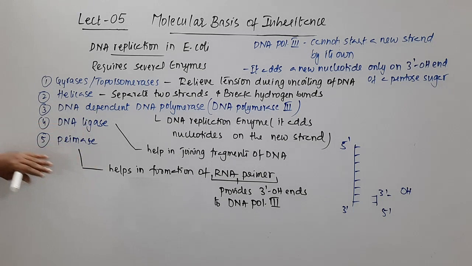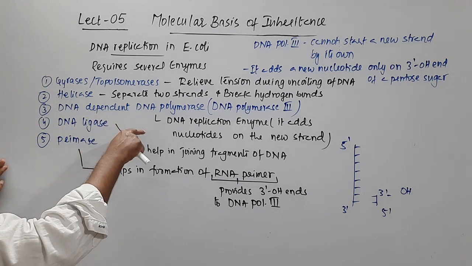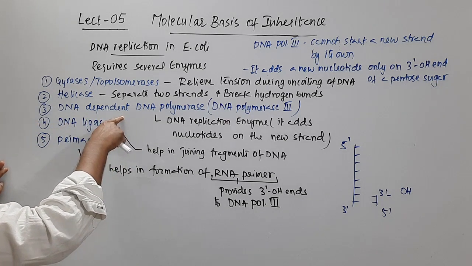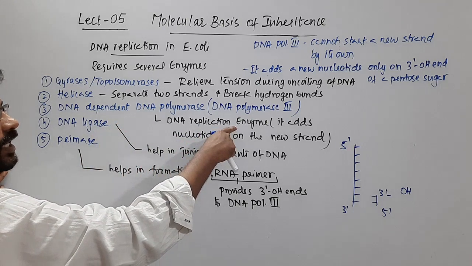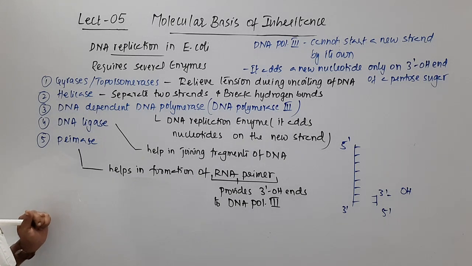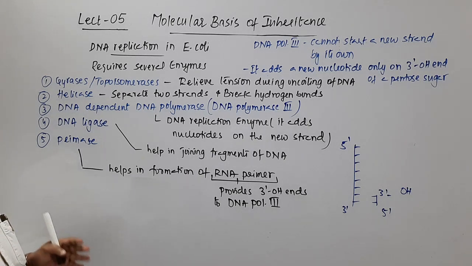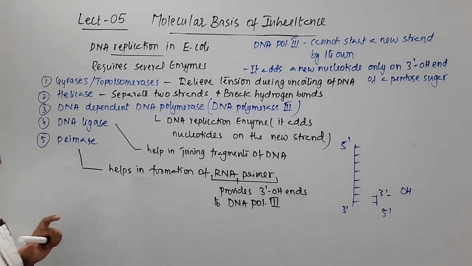Right? So these are all the enzymes and their functions. And the most important enzyme is this DNA dependent DNA polymerase. This is the main enzyme that helps in synthesis of a new strand. Of course, there are certain issues with this enzyme.